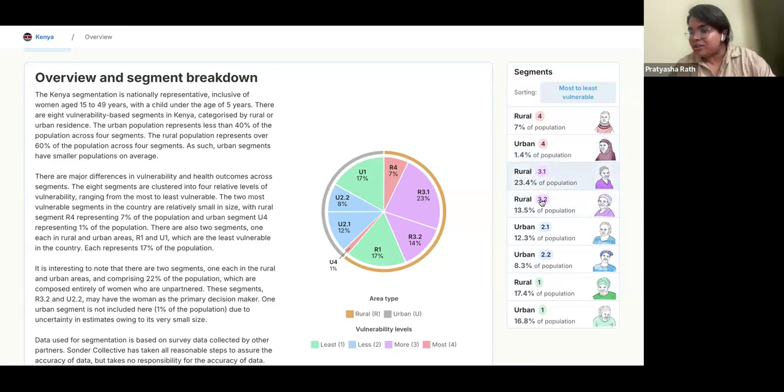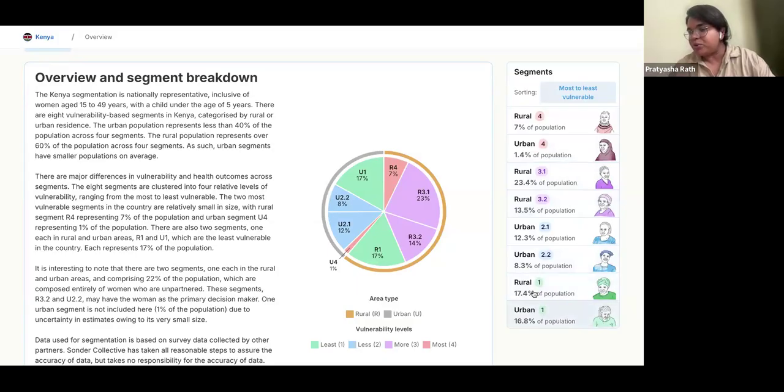Then we have two rural 3s, right, which are more vulnerable segments. It's not as bad as the rural and the urban 4s, but it is still vulnerable. It's adequately vulnerable, and you see 3.1 and 3.2, meaning there are two distinct segments with the same level of vulnerability, but there are different reasons as to why they are vulnerable. You can see their populations as well.